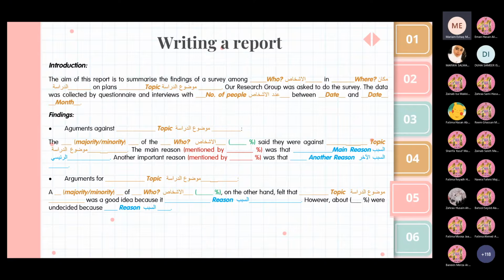So, as Iman said, the main reason mentioned by 73% was that stray dogs spread illnesses. And then you're going to move on to the second reason, which you're going to write as another important reason, which is a new sentence. Another important reason mentioned by 73% was that, and you're going to mention the second reason, which is bad smell and noisy.